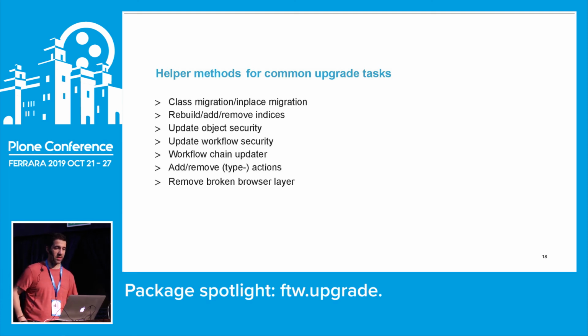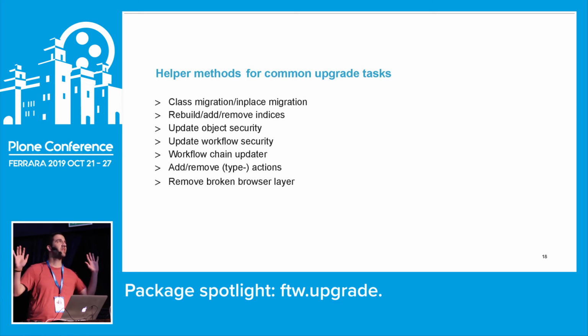There's really useful stuff for class migration, especially in-place migration, which basically replaces an object in the tree itself, and it does not create new siblings or new instances of your new class, so it does not fire all the Plone events, which is a real performance benefit when you have to replace the class of a content type.